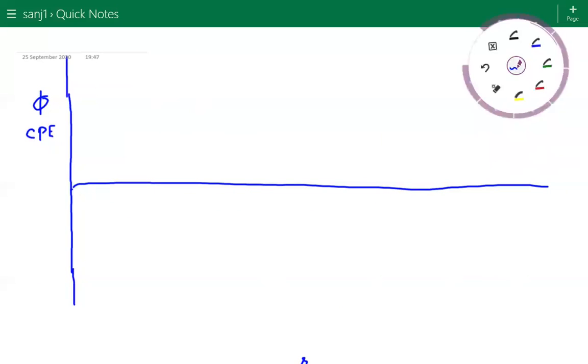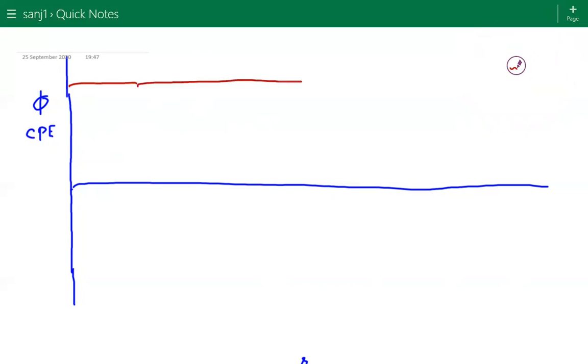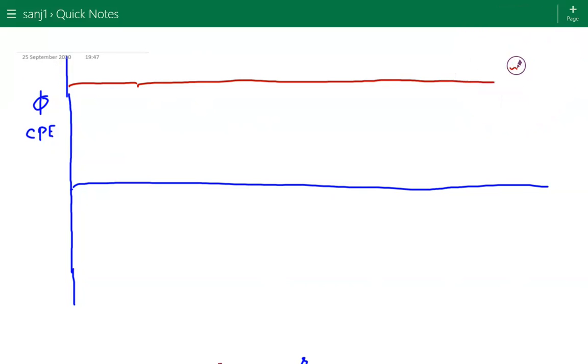If it is plus 90 degree, what does this line represent?